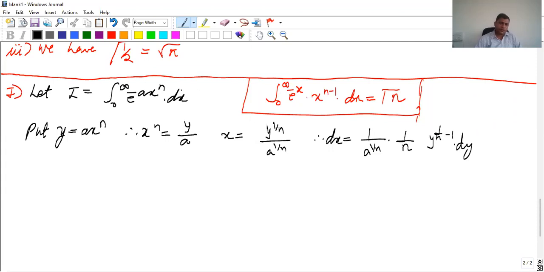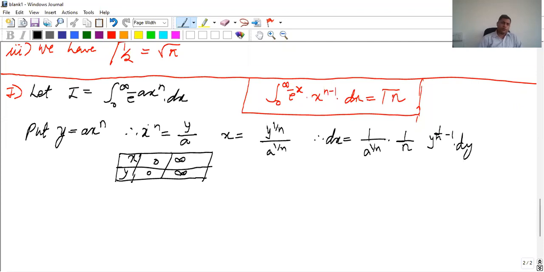Now we are able to replace this dx term. So we have to think of what is the limit. What will be the limit when we change x to y? So we have x and we have y. x is running from 0 to infinity, y will also be running from 0 to infinity.